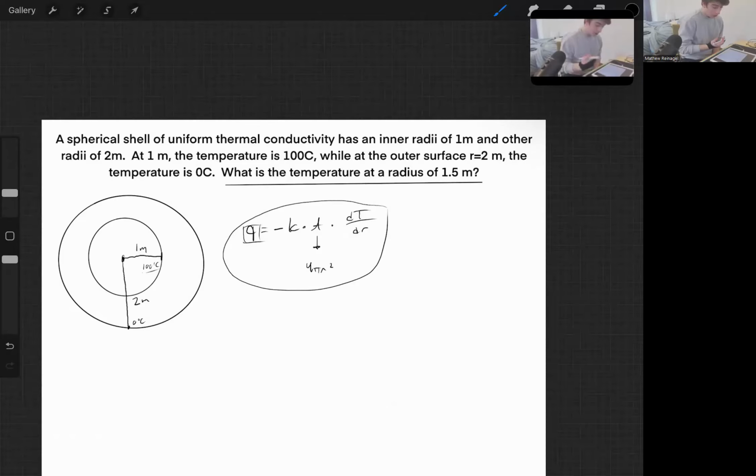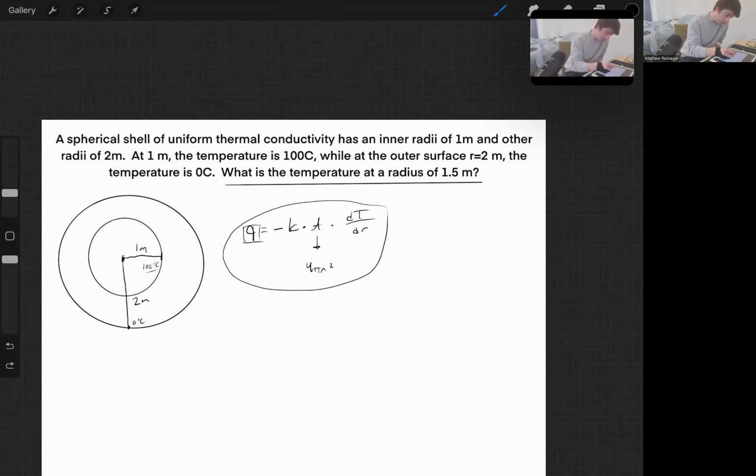So what are we going to separate? We're going to separate our differentiation of temperature and radius. This is a lot easier than it looks. To start, we're going to get temperature on its own on one side, and anything radius related on the other side.